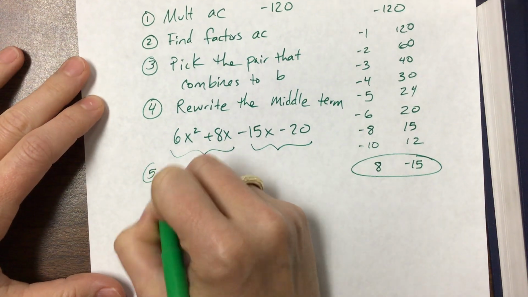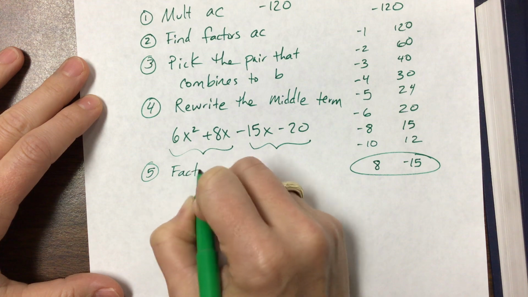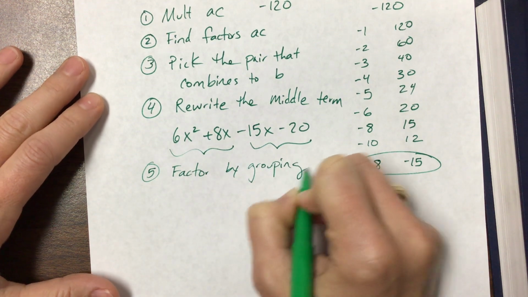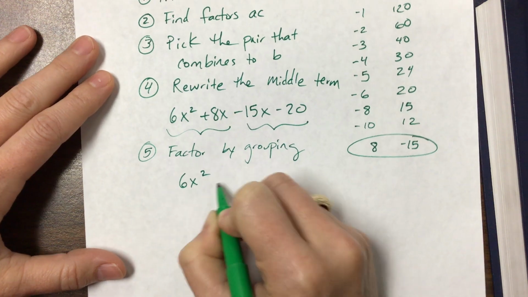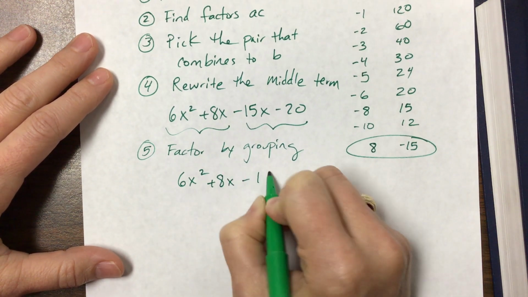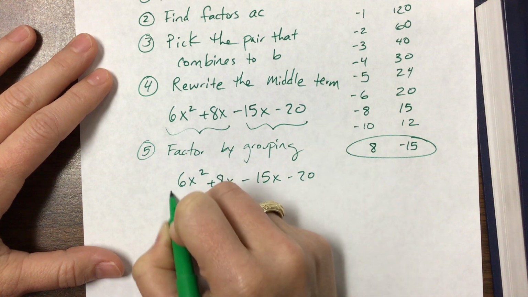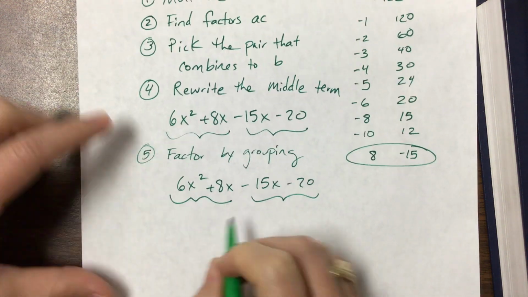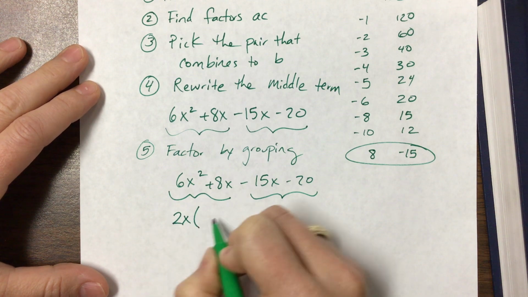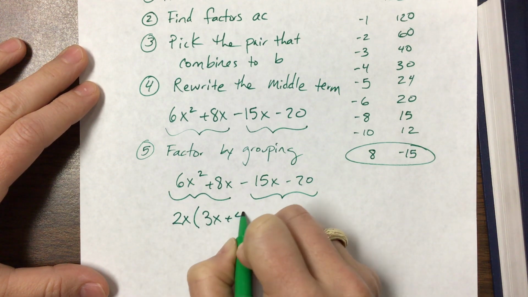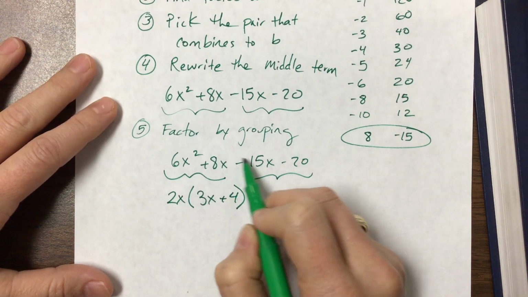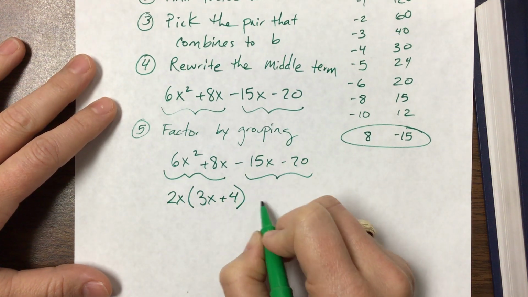So step 5 is to factor by grouping. Let me write that again. Out of these first two terms, 2 comes out of both of those, and they both have an x. So 2x, leaving me with 3x plus 4. These both have a negative 5 in common, keeping in mind I'm going to factor out whatever this sign is right here.